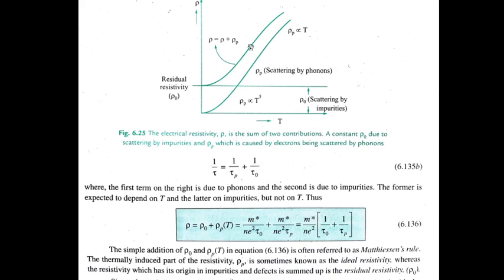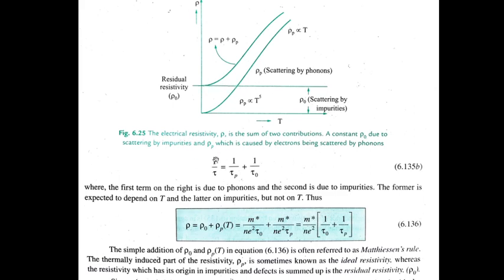Whereas the second part of your equation, rho p, is basically the scattering phenomenon of the phonon, and that is shown here as scattering by phonon. The first horizontal line is basically scattering by impurity. Here the added impurity remains constant in a given crystalline material, and therefore that particular scattering phenomenon remains independent of temperature. So it shows a horizontal line over here.